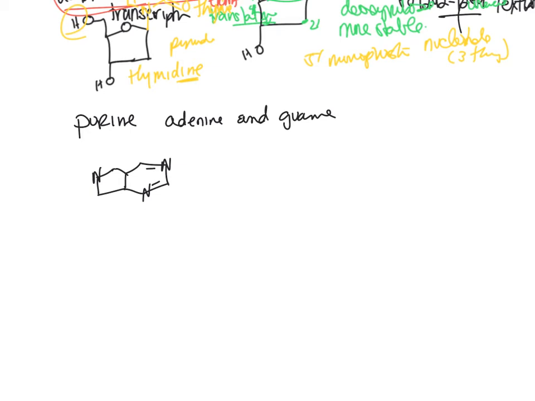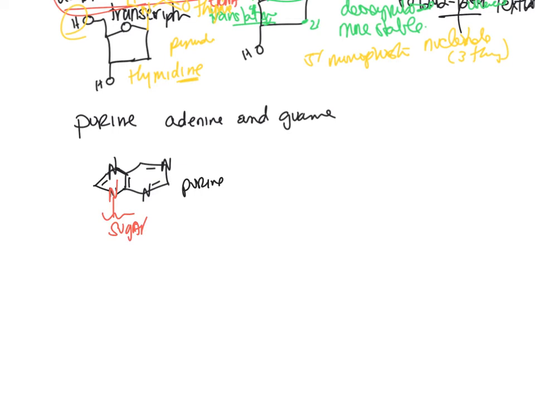And nitrogen, we can do a better structure than that. Okay, this is a 5-membered. Okay, so here we go. We got 4 bonds. This is a purine. Okay, and you're going to see the connection to the sugar at this nitrogen.